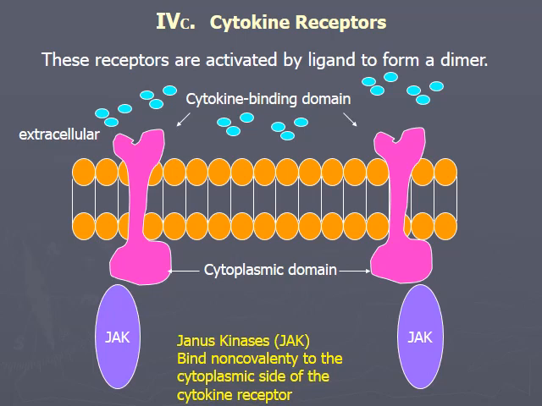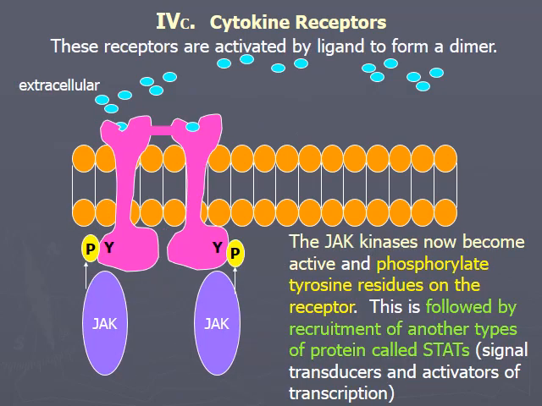Okay, so if we look on the next slide, we're going to see the drug binding, the conformational change. Right, the cytokine binding, the conformational change of the receptor, the dimerization, the coming together of the cytoplasmic domains. And so when that occurs, Janus kinase phosphorylates the cytoplasmic domains of the receptor, and those phosphorylated domains become a platform that attracts another type of protein to the receptor called STATs.